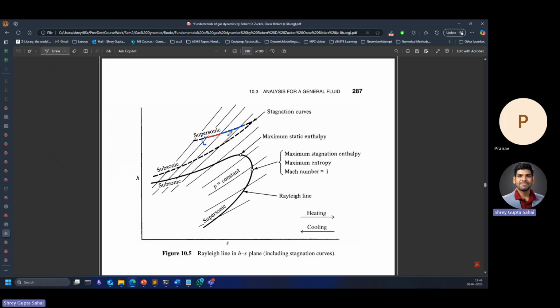So across a normal shock, the total temperatures are going to remain the same, and the area ratio, but then it depends, no? Where do you stop? So it could be either way.